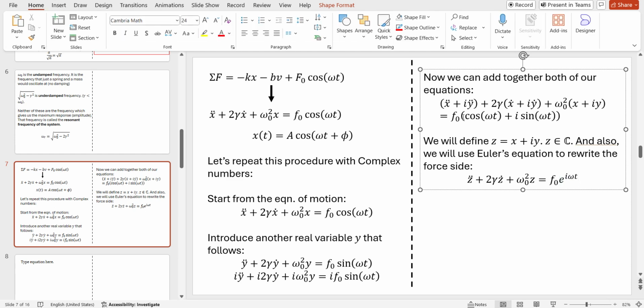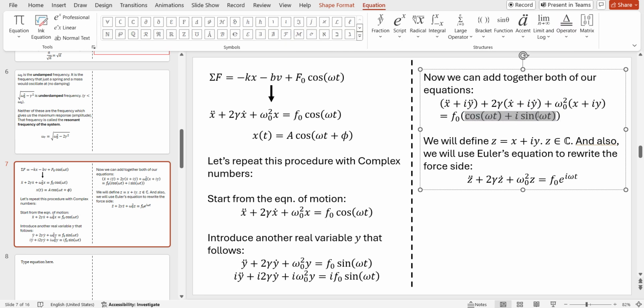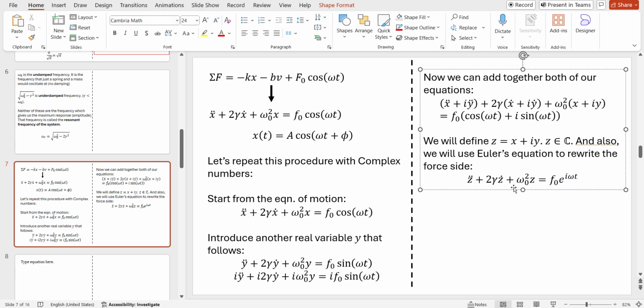Does that make sense? Because from Euler's equation, cosine of something plus i times sine of that thing is just e to the i that thing. Here the thing is omega t, right? And so this is the complex equation of motion.